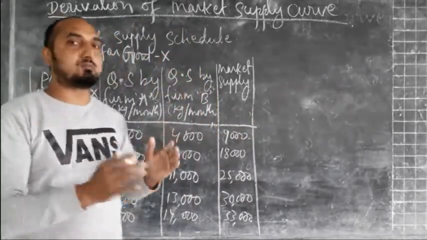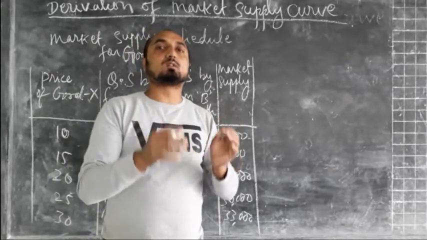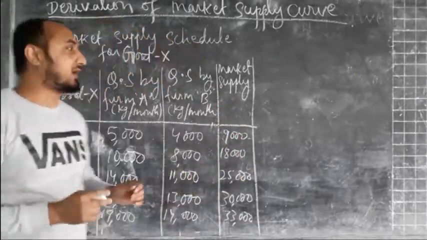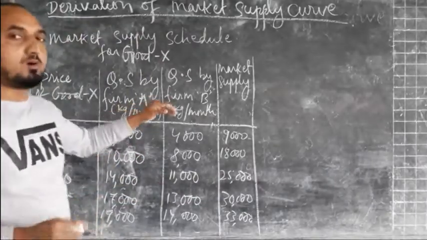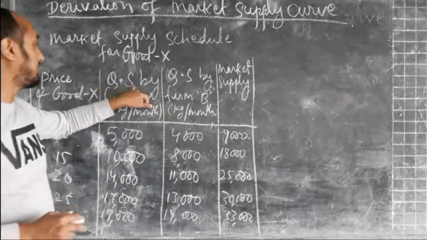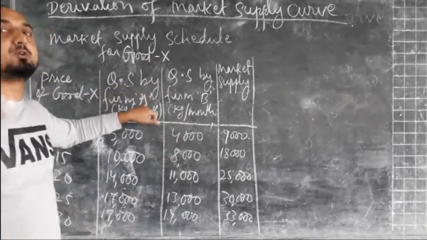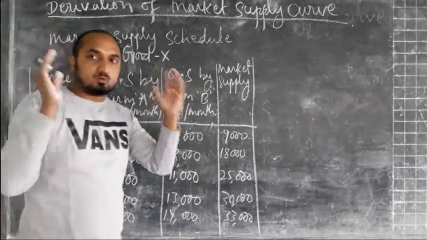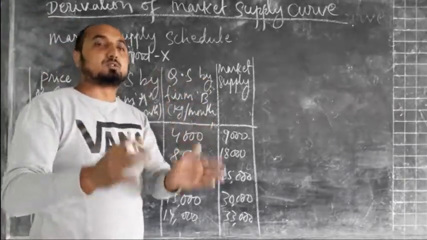But in the case of market supply, the producers will be more in number. For simplicity, we have taken only two producers. Here QS is the quantity supplied by firm A, meaning producer A, and this is the quantity supplied by firm B, meaning the producer B.